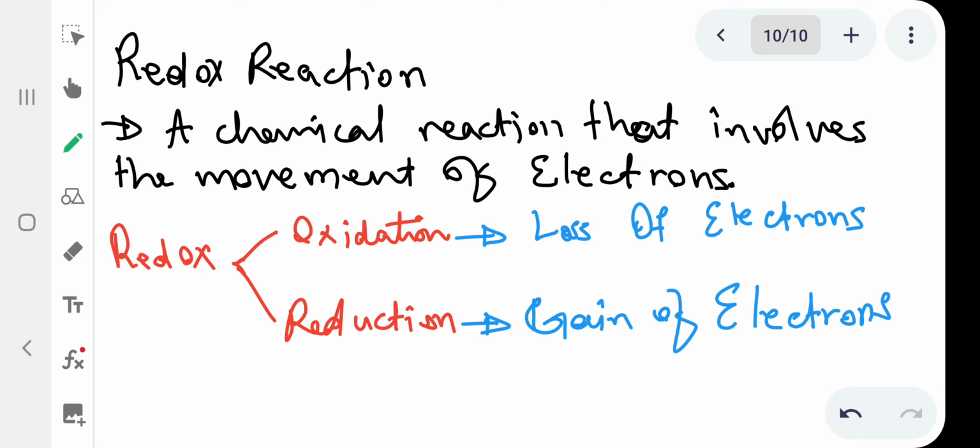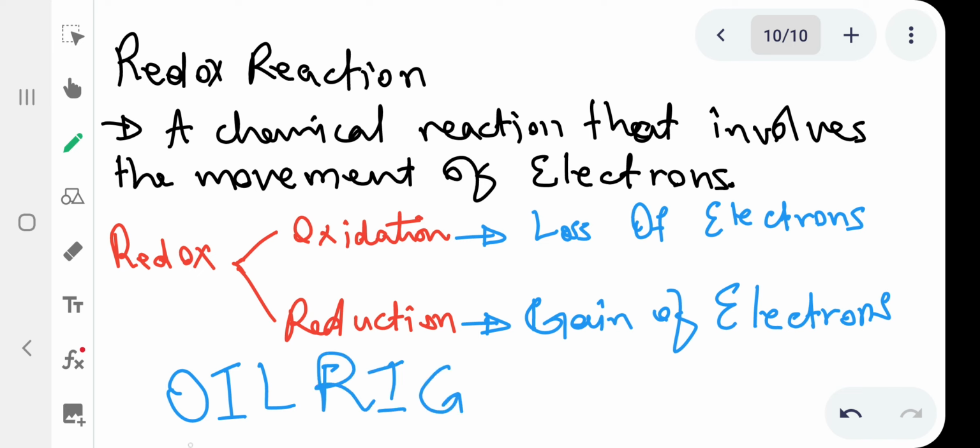If a metal gains electrons, that is reduction, and if a metal loses electrons, that is oxidation. We can often use OIL RIG to remember this: oxidation is loss of electrons and reduction is gain of electrons, right?